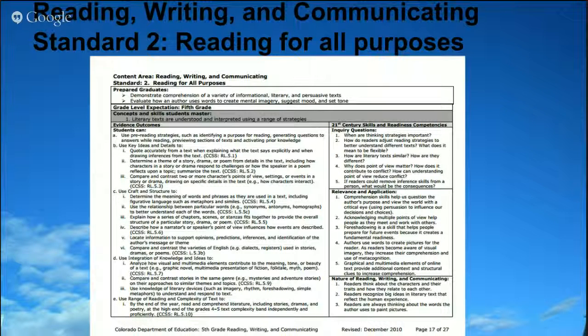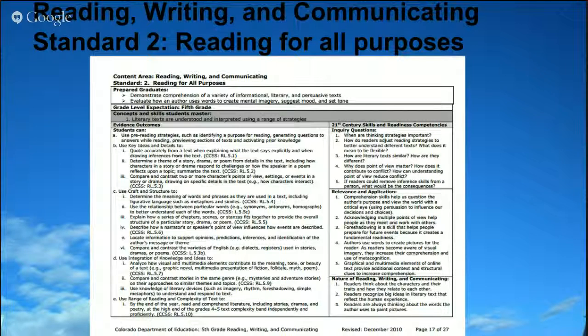B, students can use key ideas and specific details to quote accurately from the text when explaining what the text says. They can determine the theme of a story. They can compare and contrast two or more characters' point of view, the setting or events in a story or drama. So these letters, A, B, C, D, and E, are just one section for this standard, Standard 2, Reading for All Types of Purposes.